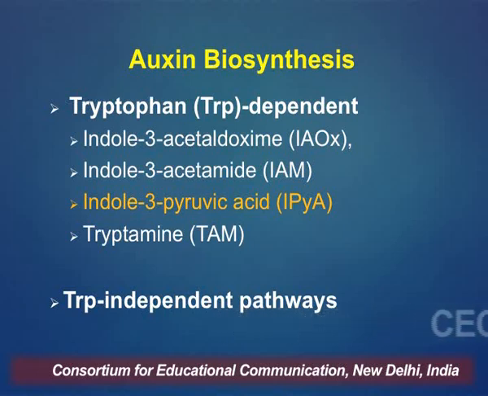In the tryptophan dependent pathway, the synthesis of indole 3 acetic acid can occur through 4 intermediates: indole 3 acetaldoxime, indole 3 acetamide, indole 3 pyruvic acid and tryptamine. Amongst these 4, the pathway that follows the intermediate indole 3 pyruvic acid is considered to be the major pathway of auxin biosynthesis in the plant.